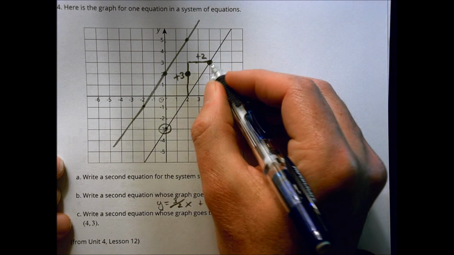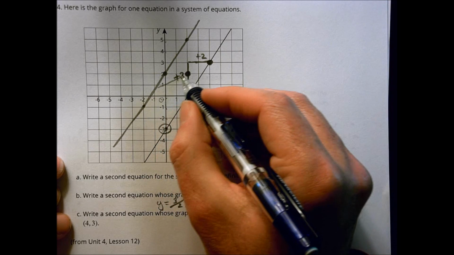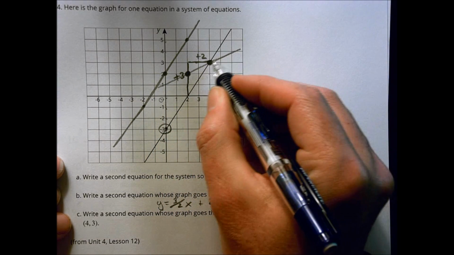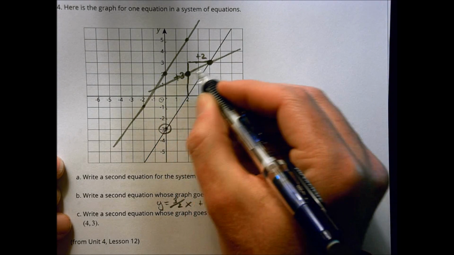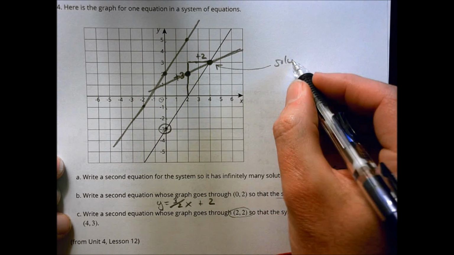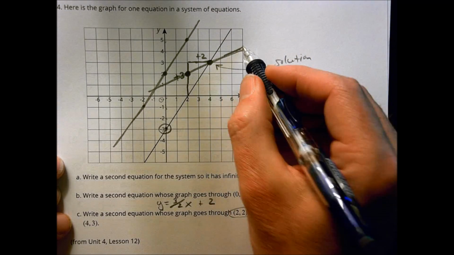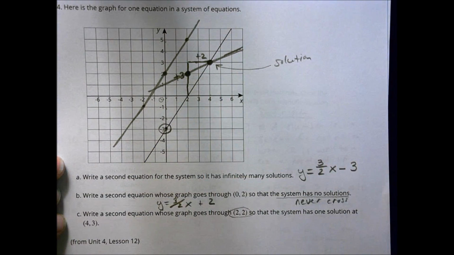So we're looking for a graph that's going to go through that point to make that our solution. Remember, a solution to a system of equations means the point at which they intersect, where they cross. So I want to make an equation for that one right there.